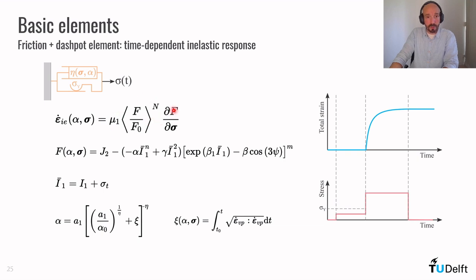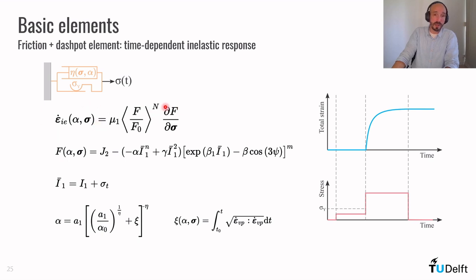F is a scalar. When I take the partial derivative with respect to stress, I take the partial derivative of F with respect to every single component of the stress tensor, which makes this a second order tensor, which is good because the strain rate is also a second order tensor.